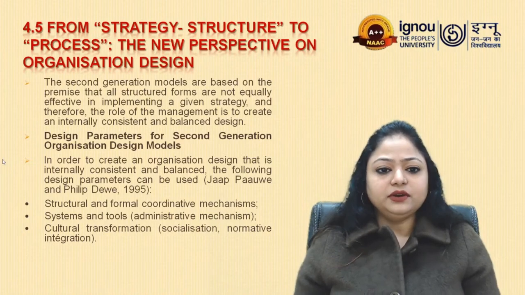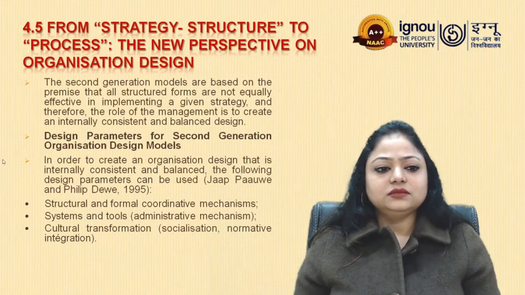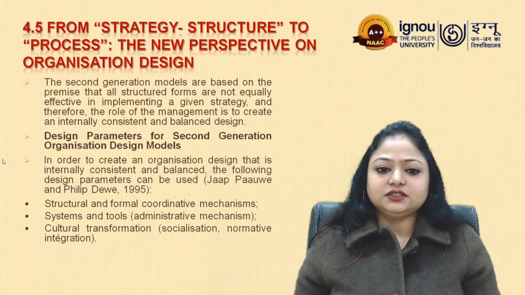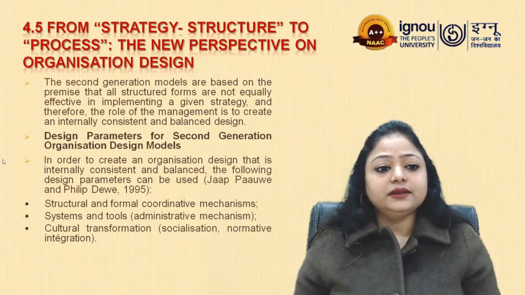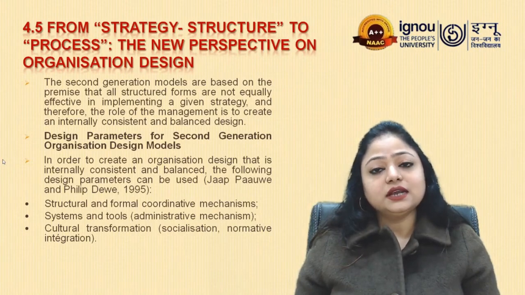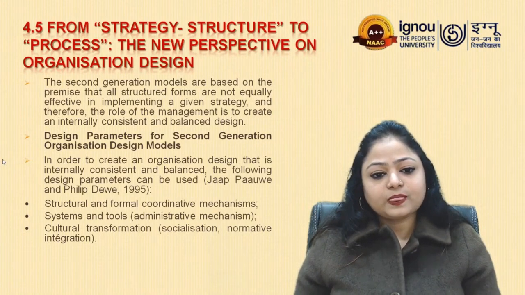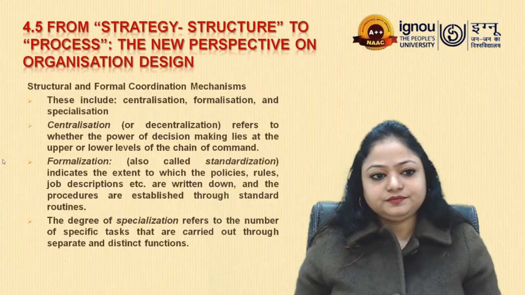The design parameters for second generation organizational design models, in order to create an internally consistent and balanced organizational design, are the following: structural and formal coordination mechanisms, then systems and tools, that is administrative mechanisms, and cultural transformation, that is socialization, normative integration.